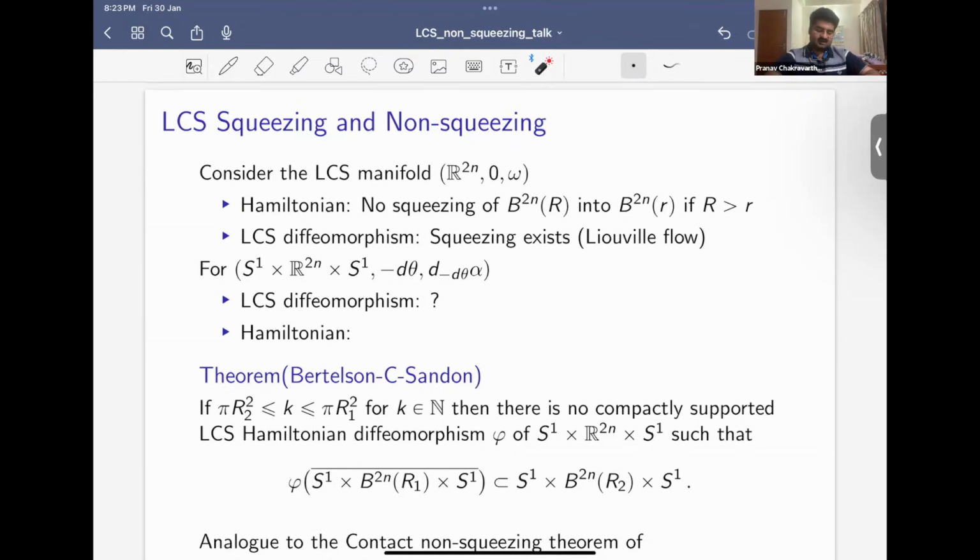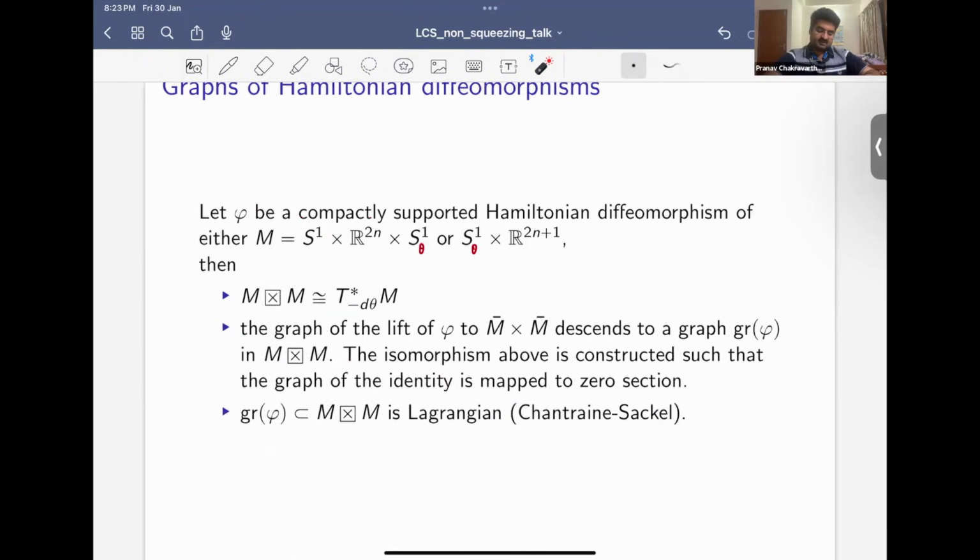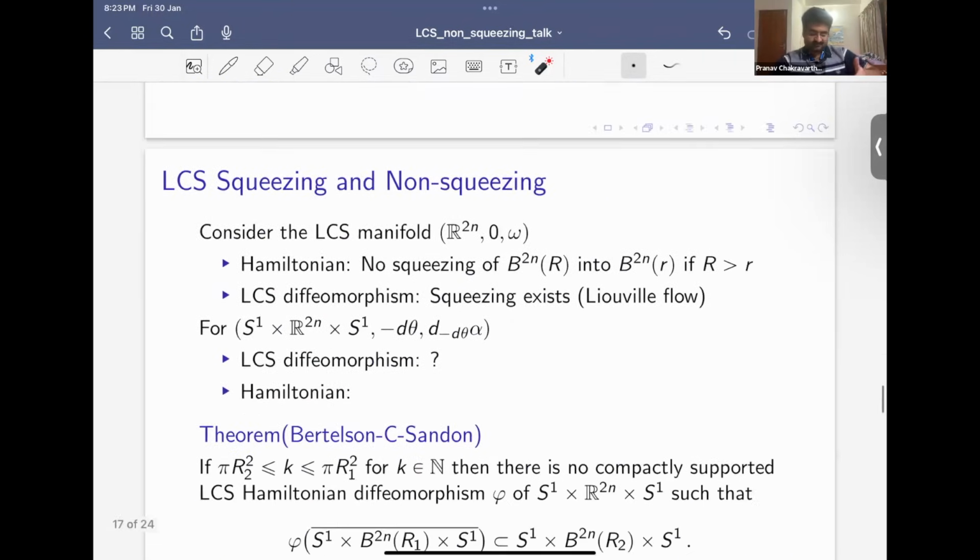Because we are considering manifolds like S1 times R2n times S1 and S1 times R2n plus 1, and the Lee form is d theta, which has no zeros, what you'll see in the rest of the talk is essentially a reproving of the non-squeezing theorem using generating functions, in both the symplectic case and the contact case, adapted to the LCS world.